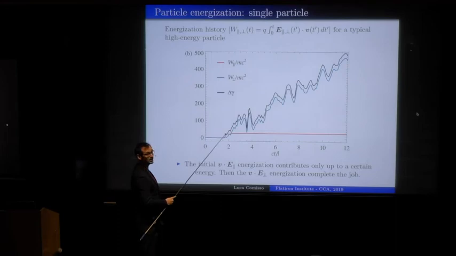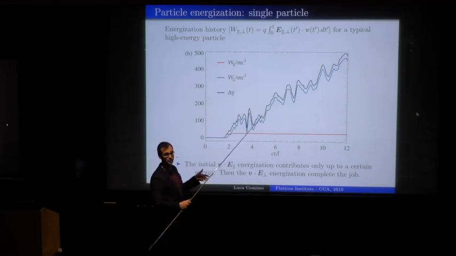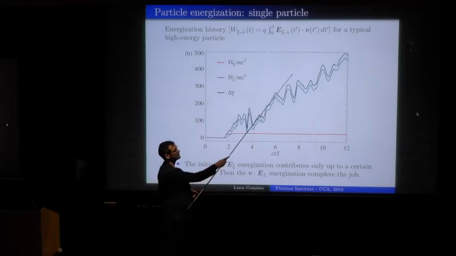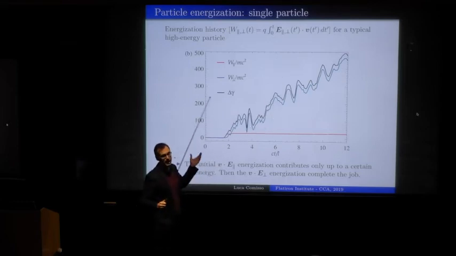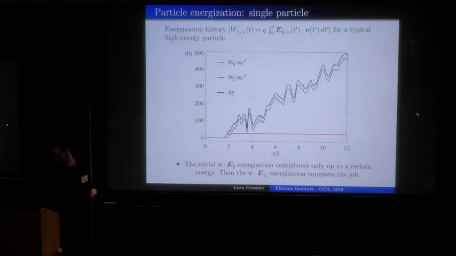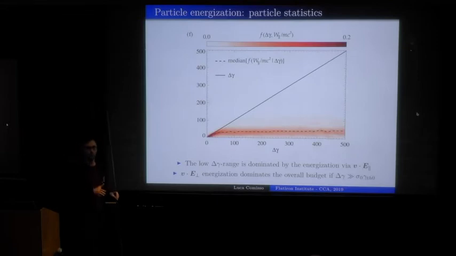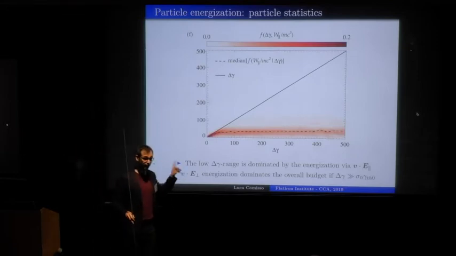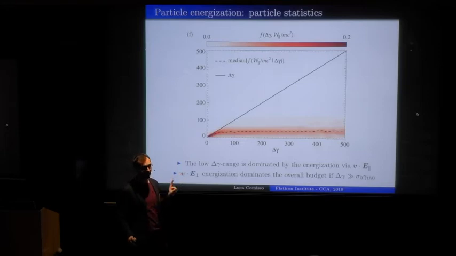At the beginning, everything is done by the parallel electric field, but then it is the ideal MHD turbulent fluctuation that propels the particle to energy that can be as high as the simulation allows. This is one particle, of course, and this is the second plot that I'm proud of, that I think you should remember. This is the statistics for all the particles. Now there is no bias of selecting one particle over another.